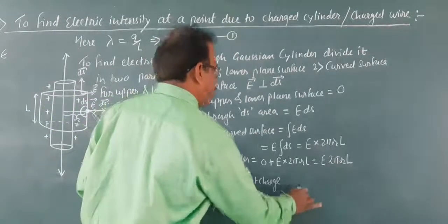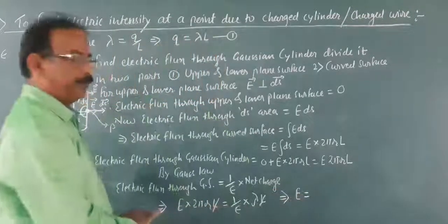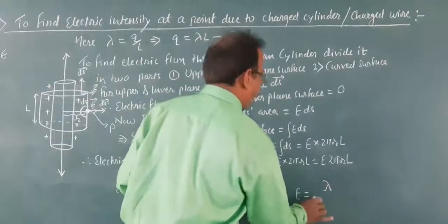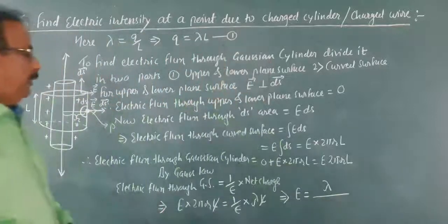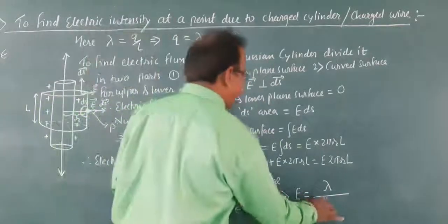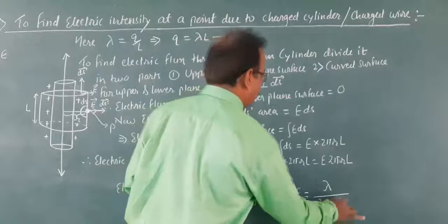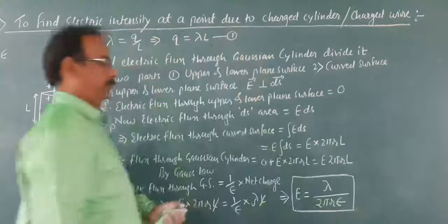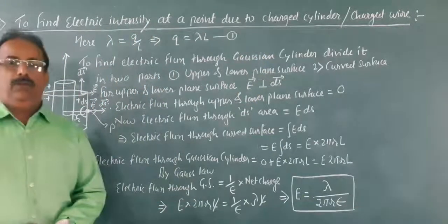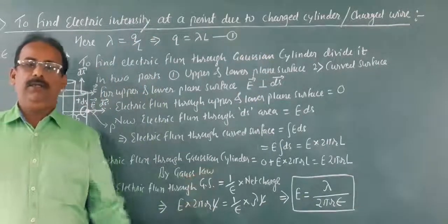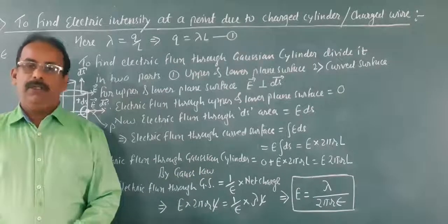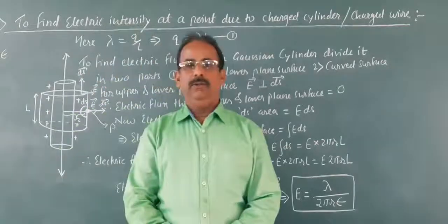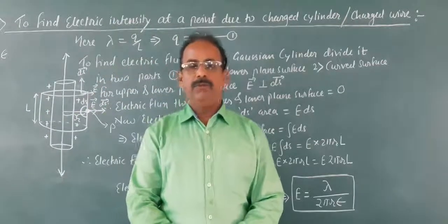We get E equal to lambda upon 2 pi r epsilon. This is the electric intensity at a point due to a charged cylinder or charged wire.